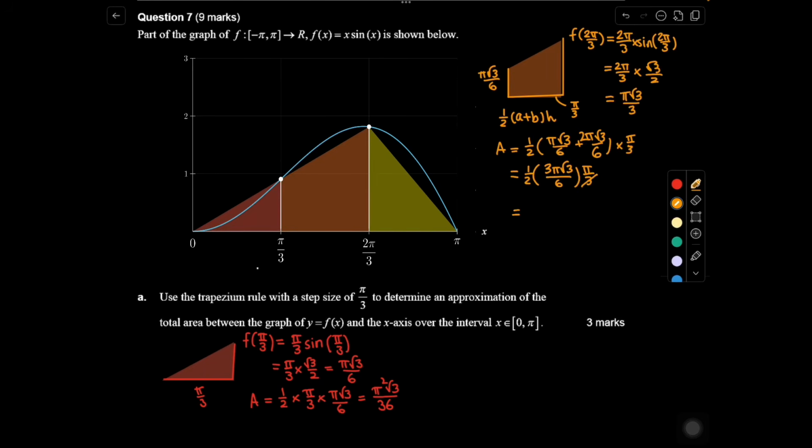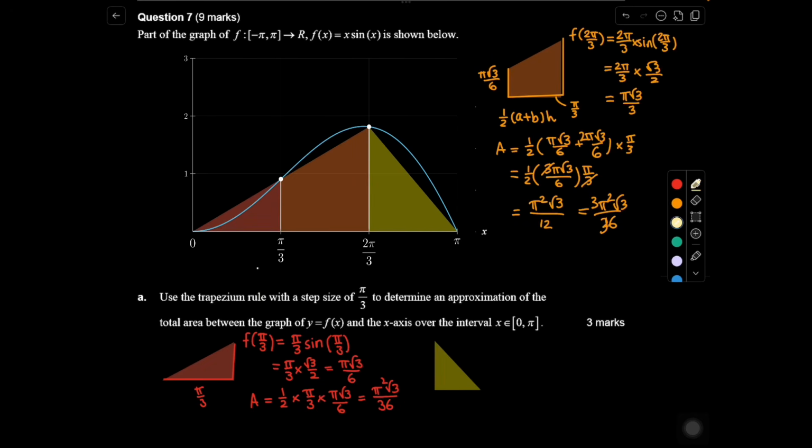And then now this 3 and that 3 cancel. And then we're left with pi squared, because of these 2 pi's, root 3, and then 12. We're going to want to add these up eventually, so we'll probably want to make that the same denominator. So I can times this by 3 over 3, and that will get us our 36 at the bottom there.